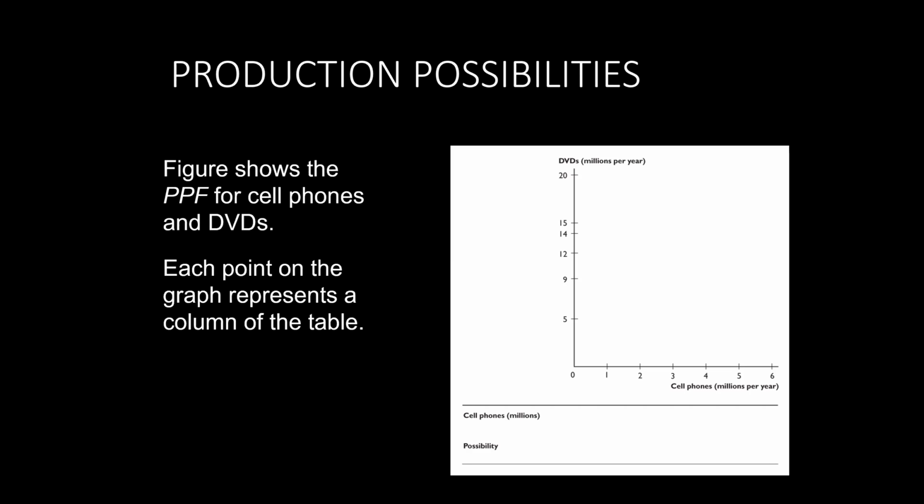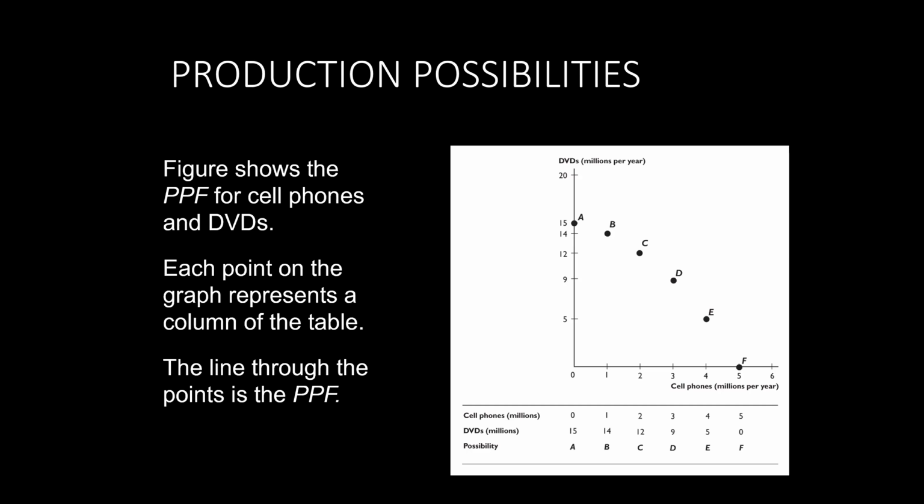We assumed that an economy using all of its resources, its factors of production, given the fact that the level of technology is also fixed, can produce either DVDs or cell phones or a combination of both.